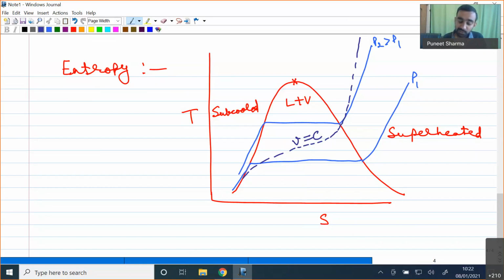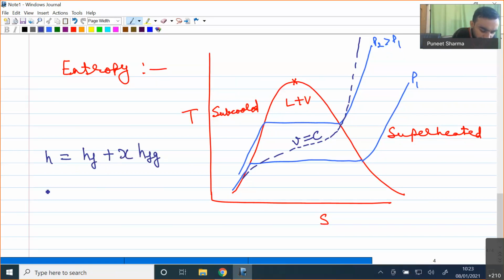At the moment I will not go into much detail, because while discussing the steam tables I already explained how to obtain the value of entropy from our steam table. One very important point: as I told you earlier, for enthalpy or specific volume, the value within the two-phase region is h equal to hf plus x times hfg.